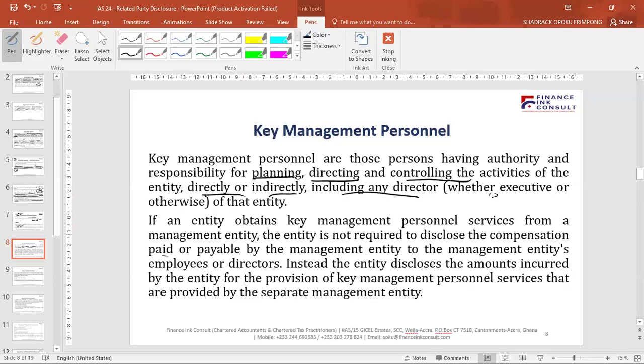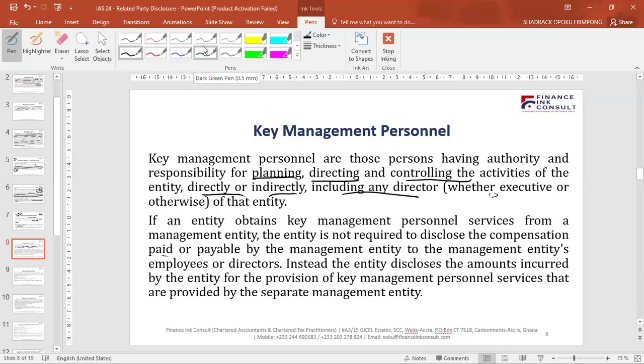So we are looking at the director and the entity. That is why, this is just an example, if a director buys a company car for let's say 2,000, 3,000, obviously a director, you get it. And I think it is under the same standard. Such a transaction has to be disclosed separately.